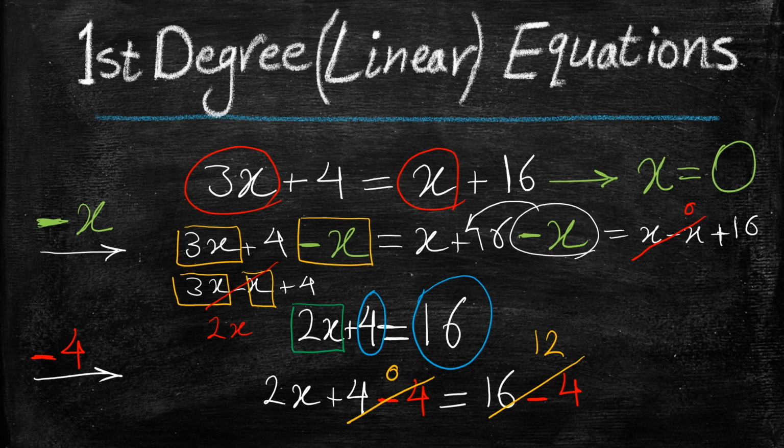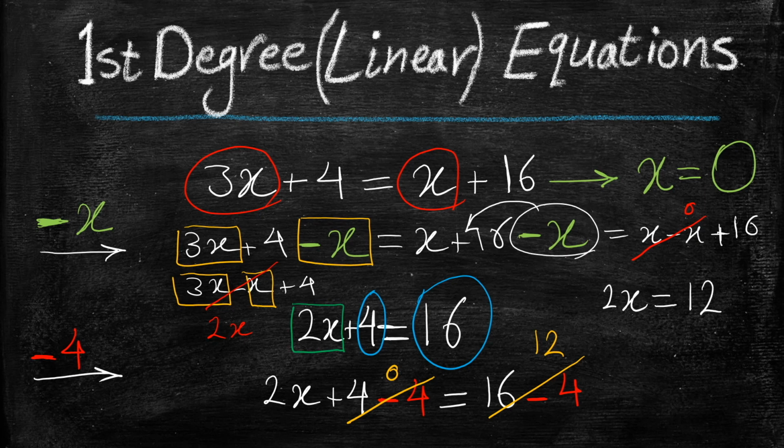So I'm going to write it here. The left hand side becomes 2x plus 0, which we can just not write, because anything plus nothing is just itself. 2x equals 12.